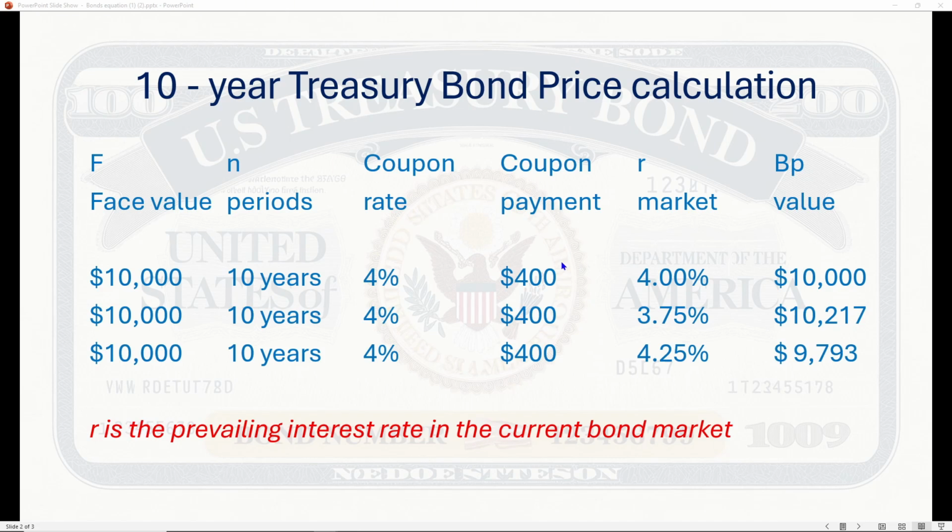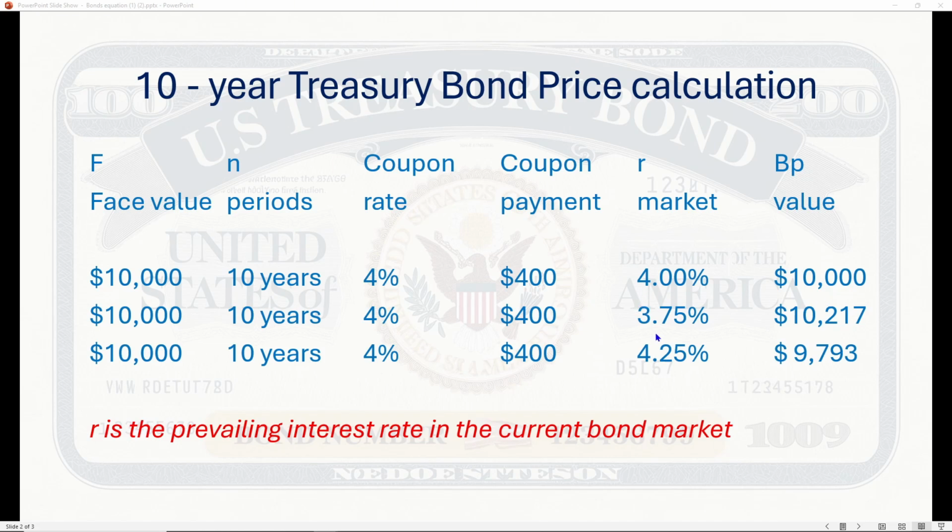And the column R represents the prevailing or current interest rate in the bond market for similar 10-year U.S. Treasury bonds. Now let's say I own this $10,000 bond with a coupon rate of 4%, and the current market rate for new 10-year bonds coming onto the market is 4%. For this situation, the current price for my bond is $10,000.